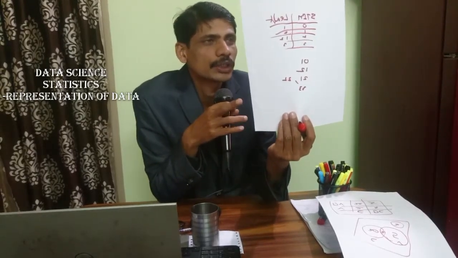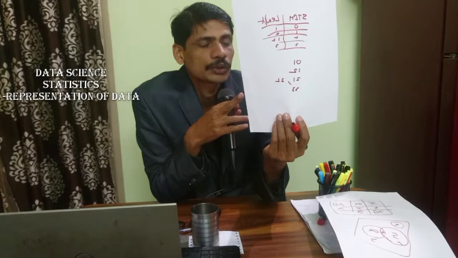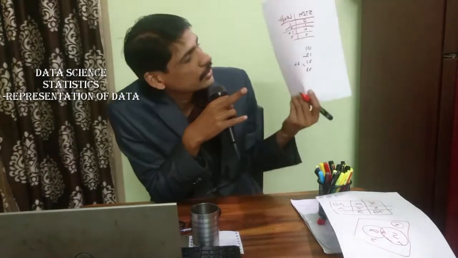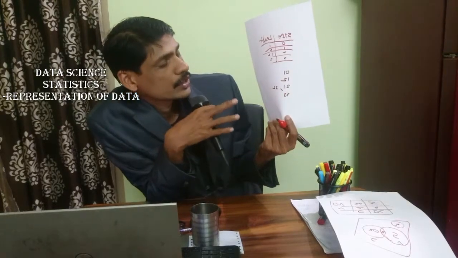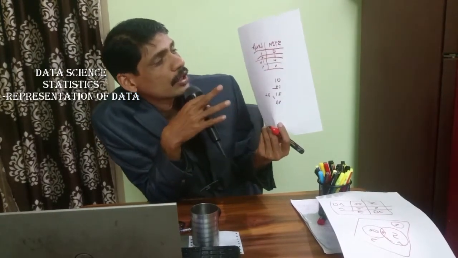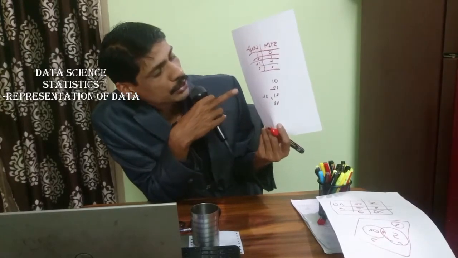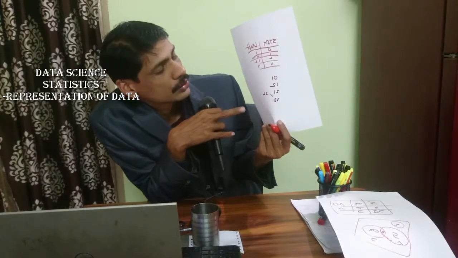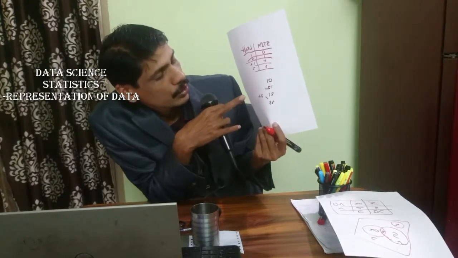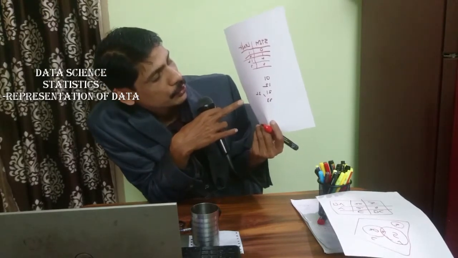What is the first score? 1. And what is the second score? 12. And what is the third score? 21 as well as 22. And what is the fourth? 33. So what is the total score made by our players? That means we need to sum up all these values: 01 plus 12 plus 21 plus 22 plus 33.